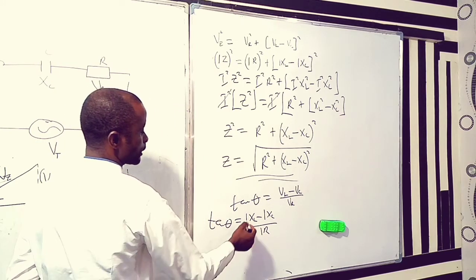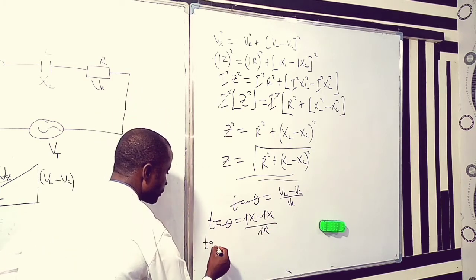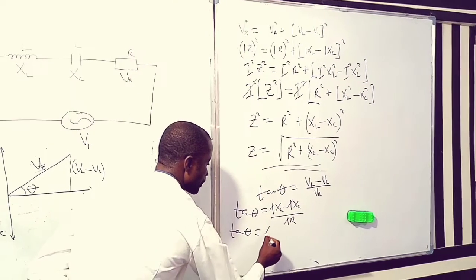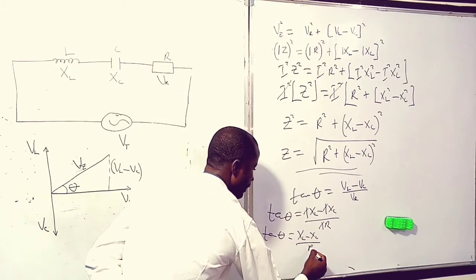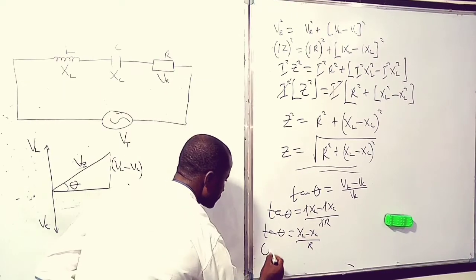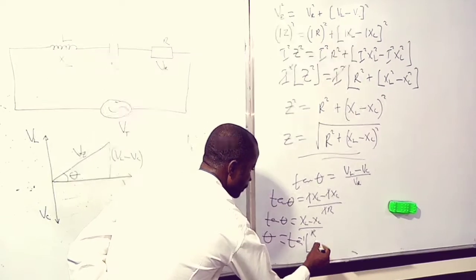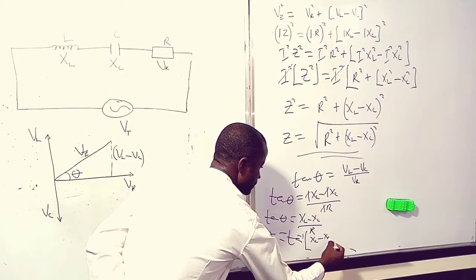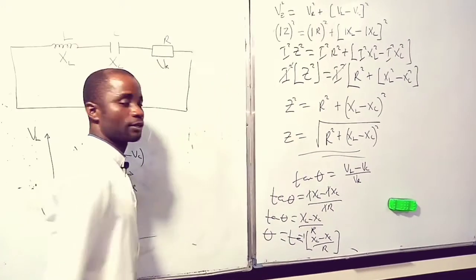Current is common, that means current will cancel, and at the end of the day we have tan theta equal to XL minus XC over R. Therefore theta is equal to tan inverse of XL minus XC all over R. That's the phase angle in the circuit.